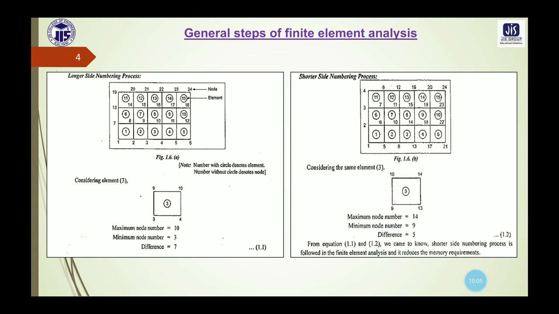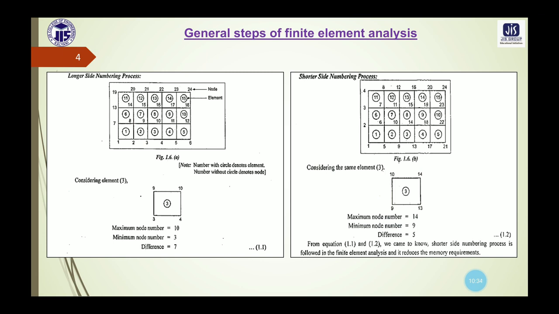So it is now a shorter side numbering process, which is clearly visible here. Again, if we consider the third element here, then the node numbers are changed to 9, 10, 13 and 14. So now the maximum node number is 14, and the minimum node number is 9. So the difference is 5 now.